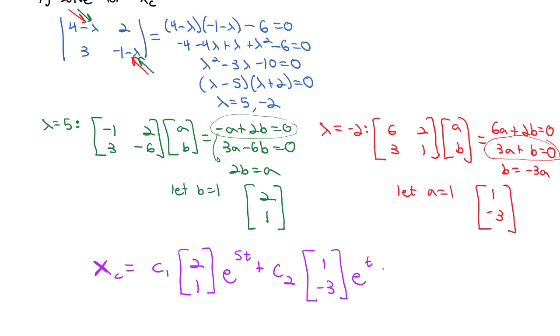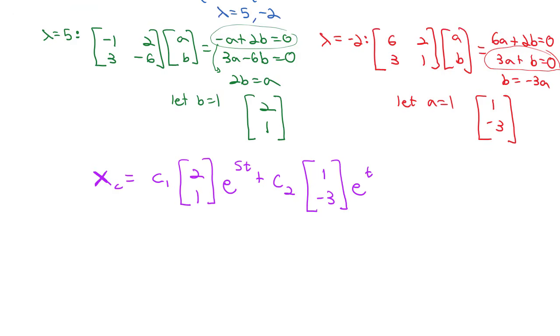Okay, that much is review from what we've been doing all the way along. We're going to hold on to that to be used here in just a minute. Now that we know what x complement looks like, we're going to guess the form of x particular and use those undetermined coefficients.